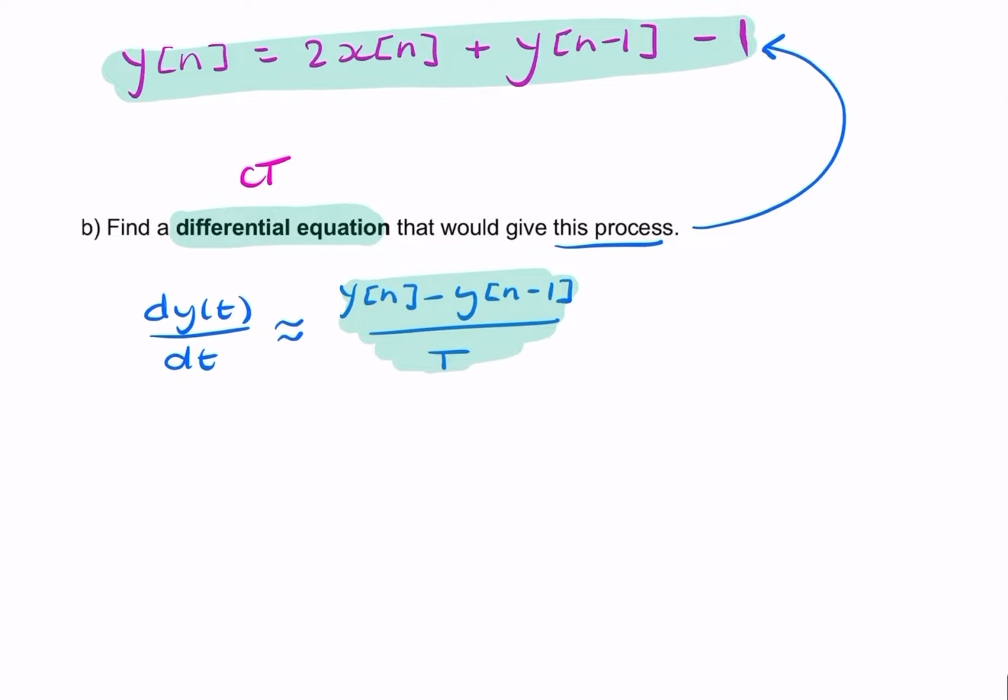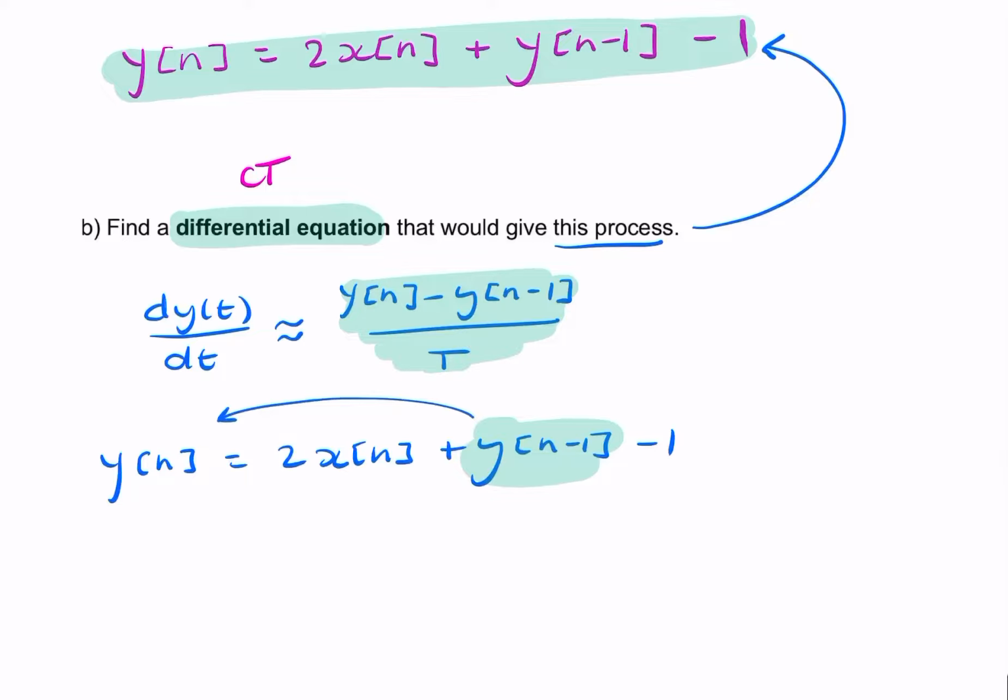So we could do that by starting with the difference equation, y of n equals 2x of n plus y of n minus 1 minus 1. Now, if I were to bring that to the left side, we could then have the difference of y of n minus y of n minus 1 equals 2x of n minus 1.